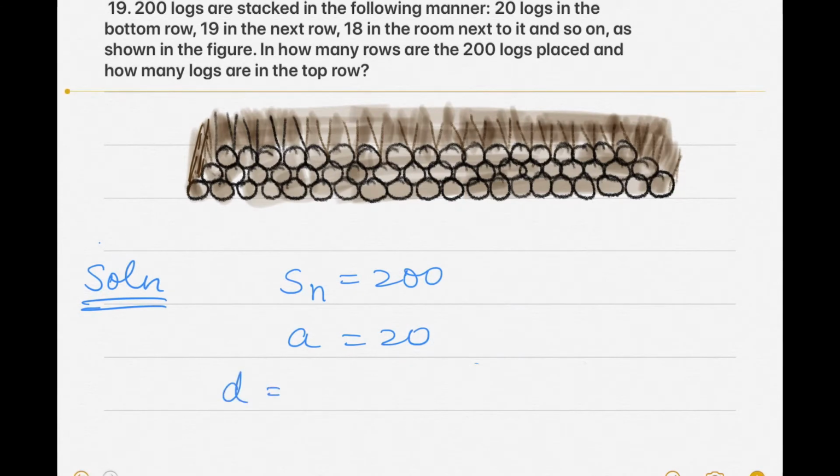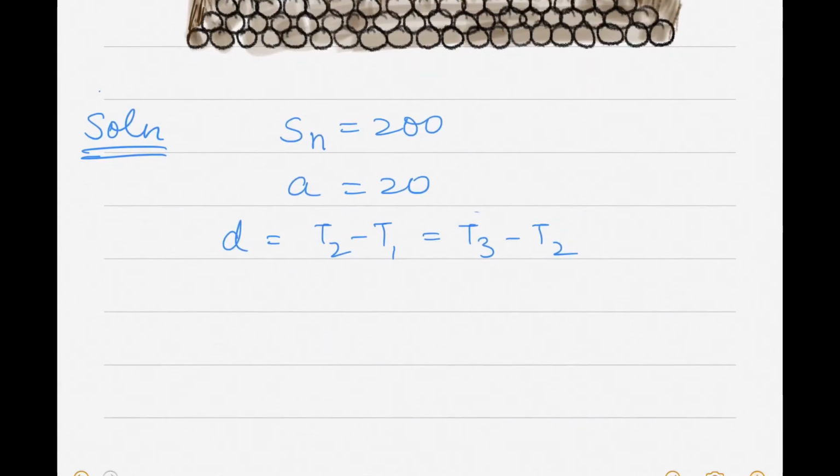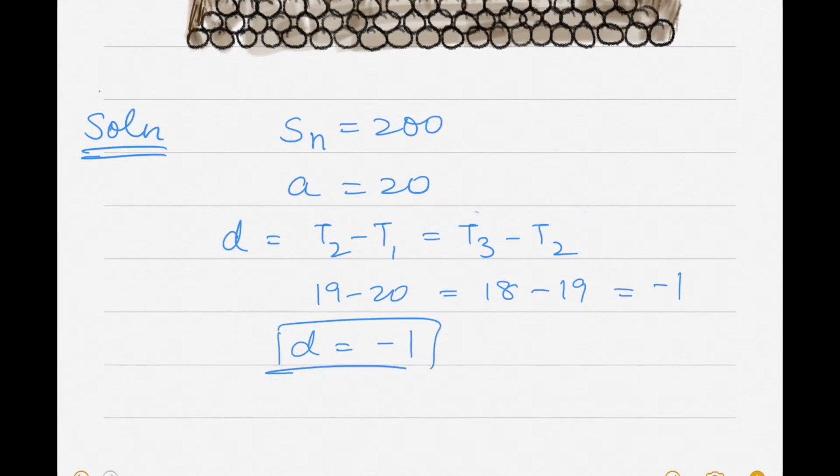And d would be equal to the second term minus the first term. First I have to see whether it is in AP or not, so this should be equal to t3 minus t2. This is 19 minus 20, and this is 18 minus 19, so I get minus 1. So d is equal to minus 1 here, and a is equal to 20.